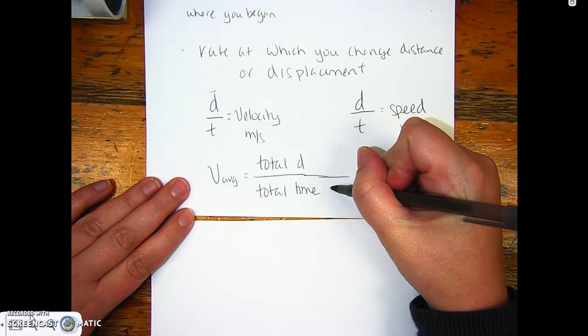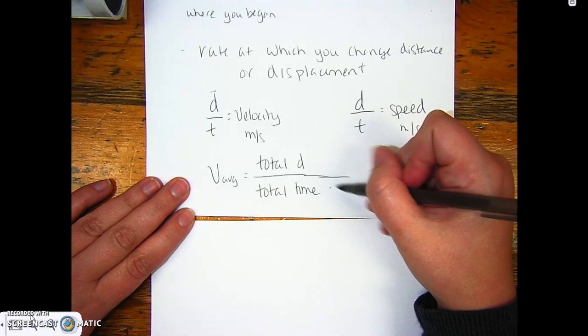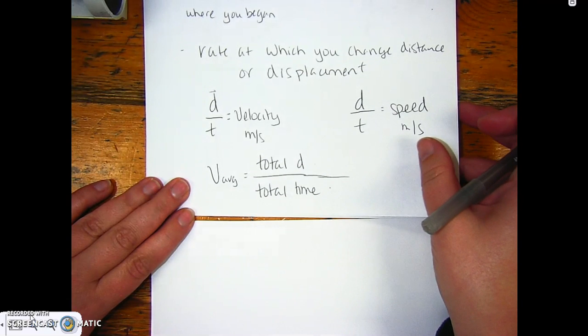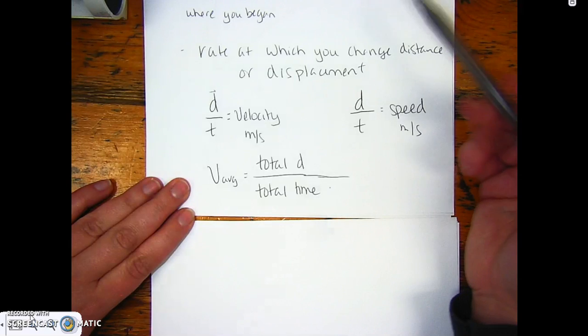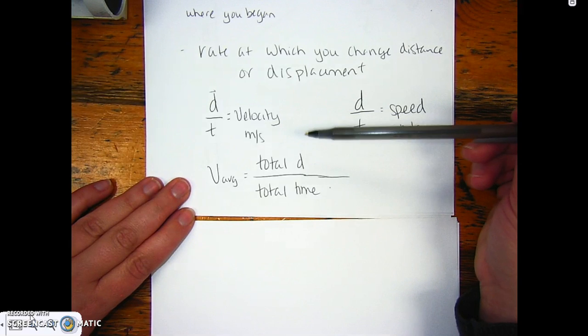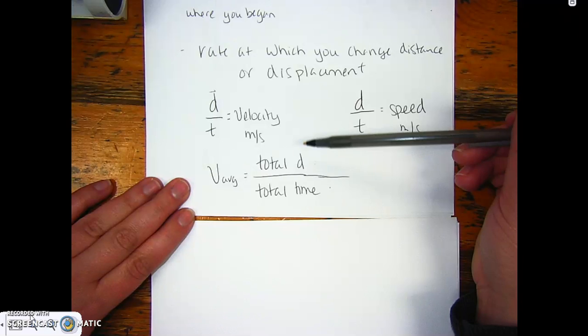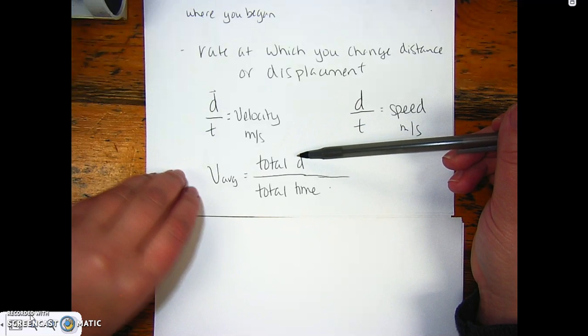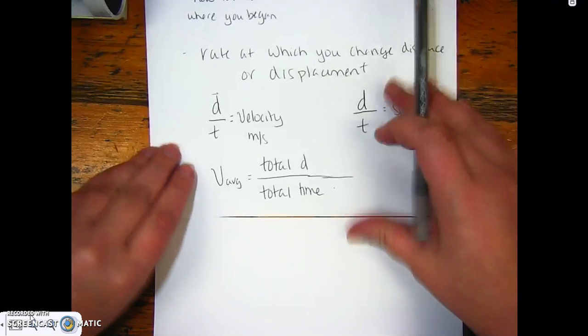We want to take into consideration all those times that you were not moving, and that will give you your average velocity. Right. Now, when we say that displacement and velocity are vectors and they have a direction, remember that a lot of times that is indicated by whether or not it is positive or negative.